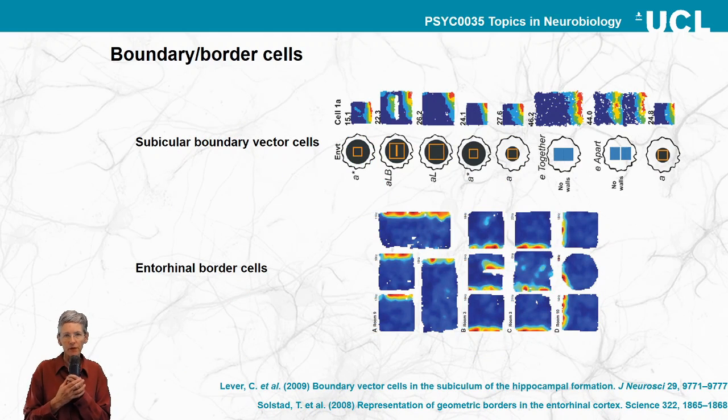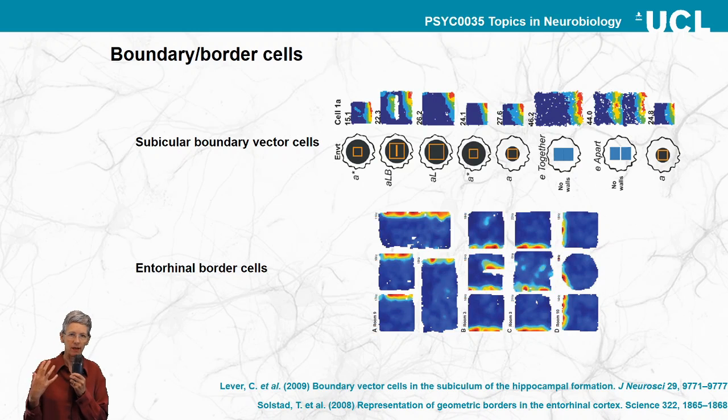Another important type of neuron that was rapidly discovered in medial entorhinal cortex is so-called border cells. These were actually predicted some years previously and first reported in subiculum. So border cells are cells that are sensitive to the border of the environment that's located in a particular direction from the rat.